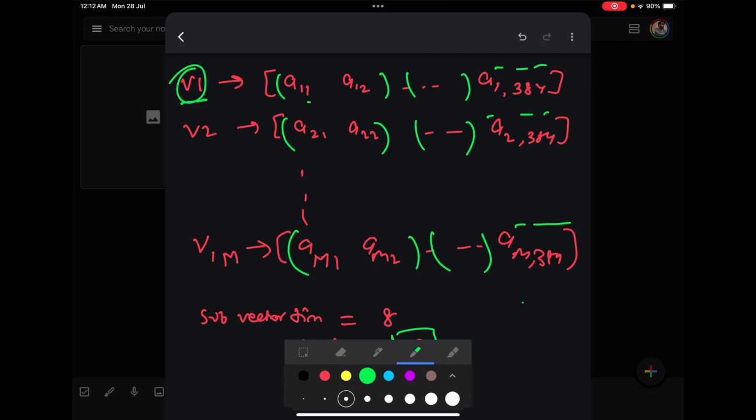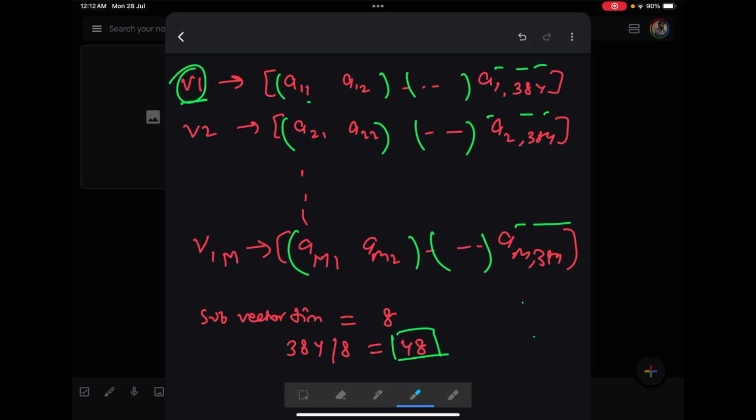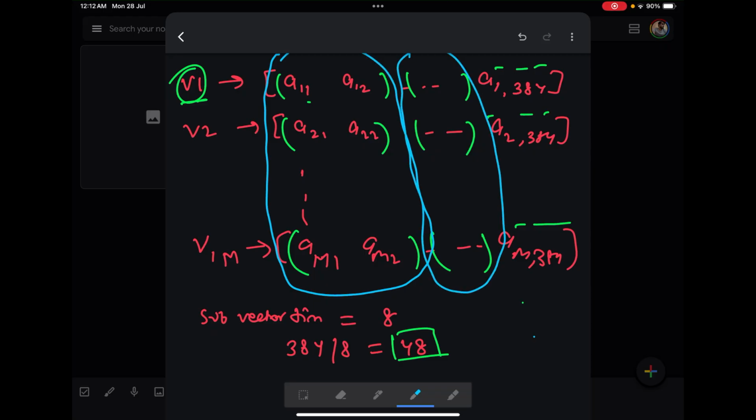And then what we do is, we think of this space. So this is a different space, this is a different space, so we consider these spaces differently. So this is basically 1 million vectors of d equal to 8.